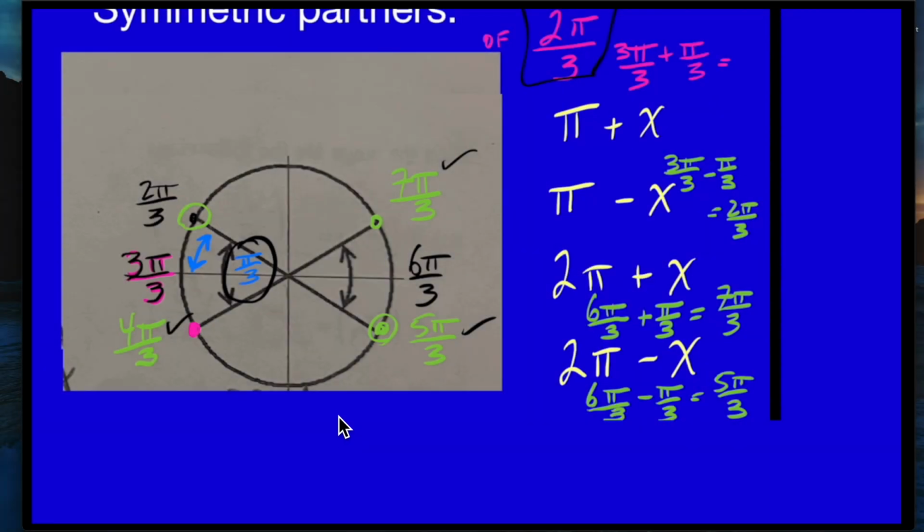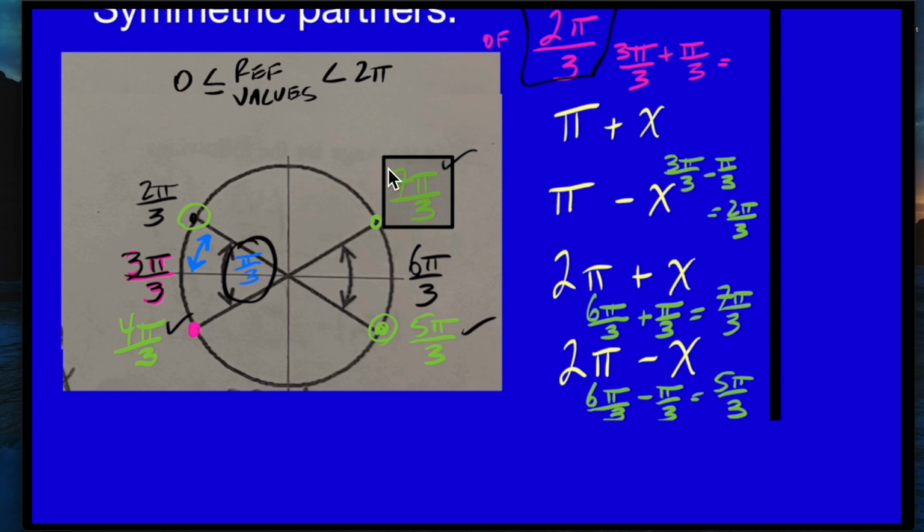Folks, one quick addendum to that last problem. Here we had 7 pi over 3 as one of the symmetric partners. Technically, that is not within the reference range of the unit circle. Recall, the reference values are located between 0 and 2 pi, with the inequality being 0 less than or equal to x, but just less than 2 pi, meaning 0 is a reference value, whereas 2 pi is not considered.